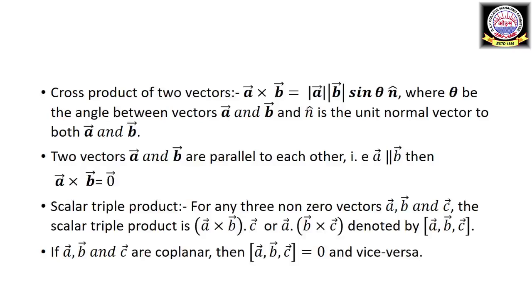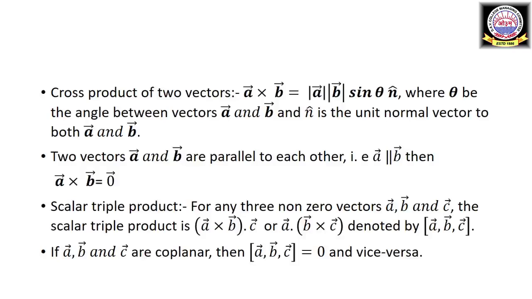And as you know, if A vector is parallel to B vector, parallel means the angle between them is 0. In the cross product sin theta is there, so sin 0 will be 0. So in this case, A cross B will be 0 if A vector is parallel to B vector.